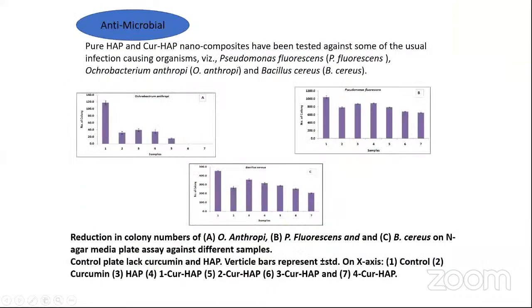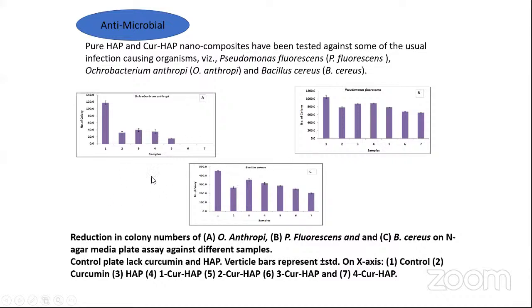And these are the in vitro antimicrobial activities we have done with the help of a professor in the bioscience department. These are the normal microorganisms which cause different diseases, and the antimicrobial activity of the hydroxyapatite curcumin composite is represented over here.